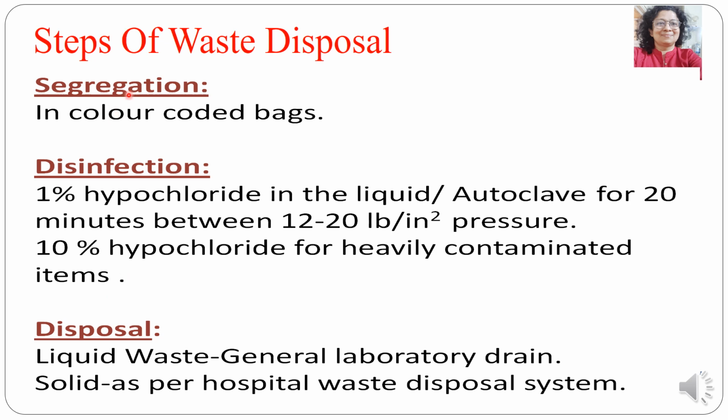So after being segregated in color coded bags, these items will be disinfected, and then finally they will be taken to the disposal area. The liquid waste generated will be disposed of in the laboratory drain after disinfection, and the solid waste will be disposed as per the hospital waste disposal system and its guidelines.